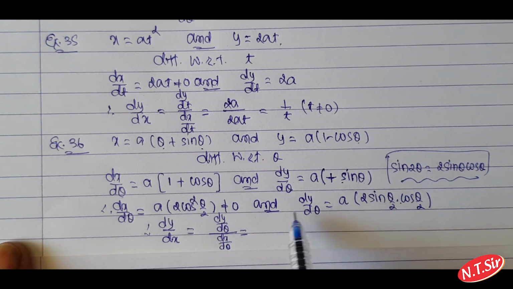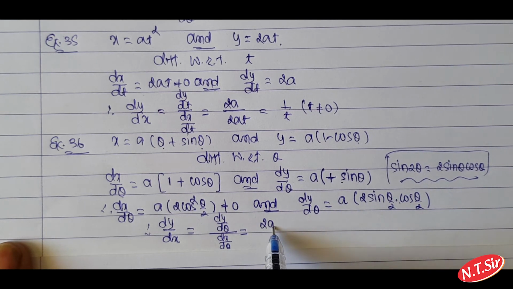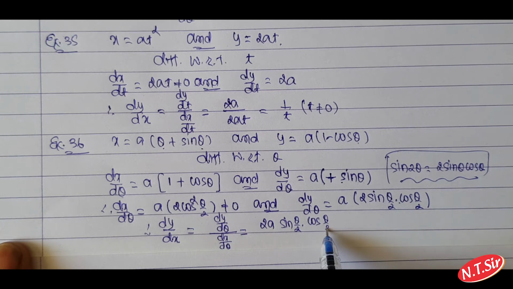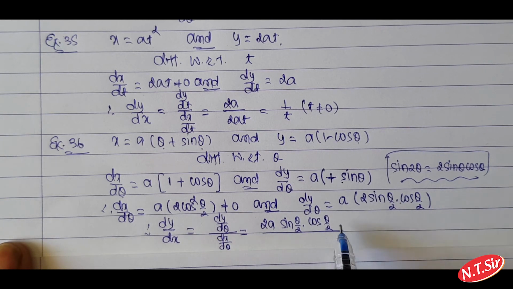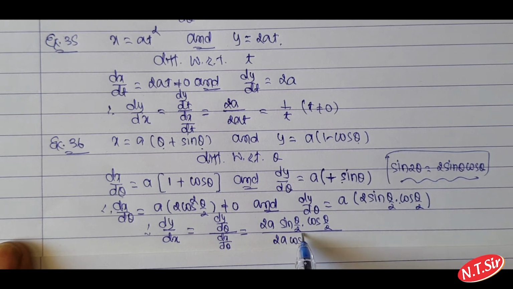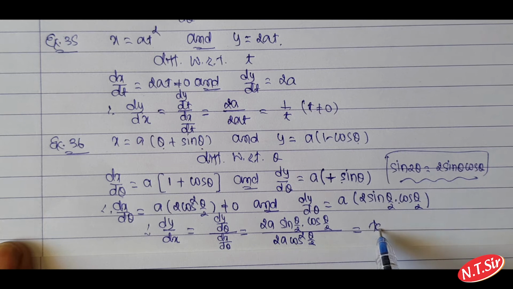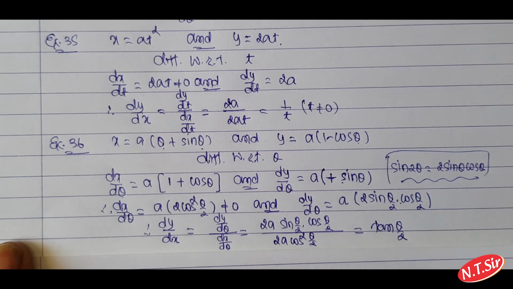So dy by d theta is 2a sin(theta/2) into cos(theta/2), upon dx by d theta, which is 2a cos square(theta/2). So this is equal to 2a cancel, one cos cancel, so the answer will be tan(theta/2). Answer will be tan(theta/2), right?